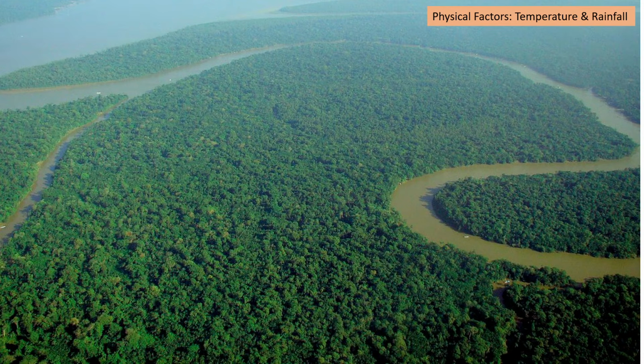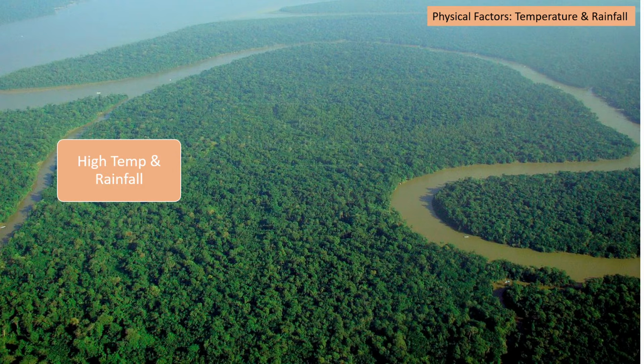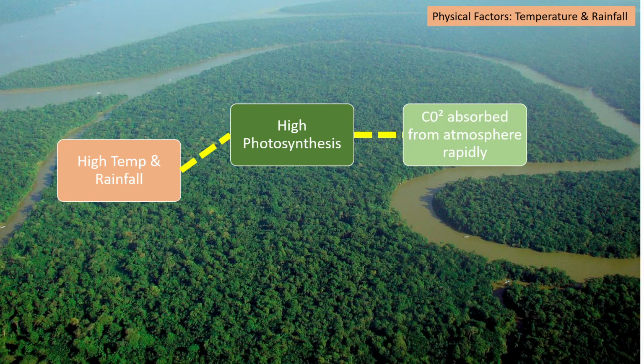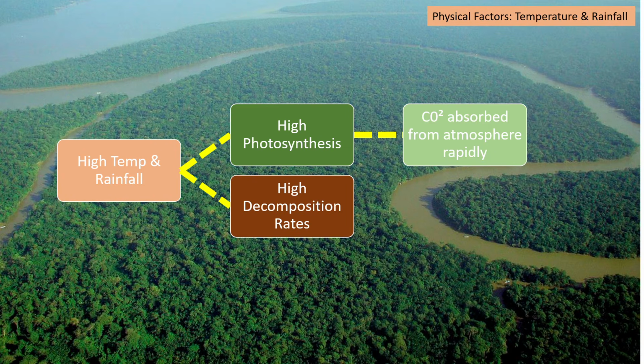Physical factors, as in the water cycle, obviously have effects on the carbon cycle. So if I have high temperature and rainfall, I'm going to get lots of photosynthesis, which means carbon's being rapidly extracted from the atmosphere. We've already discussed this, but we're going to get high decomposition rates if we've got high rainfall and temperature, because the temperature will make sure that bacteria and the reactions happen very quickly, and the rainfall will make it nice and moist, which is what fungi and bacteria like to be able to exist.